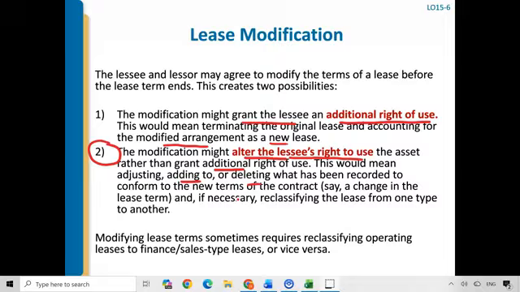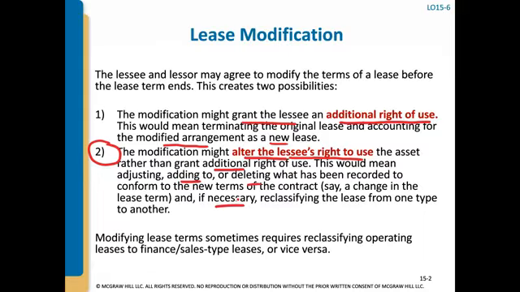A modification like this would be adding additional terms, like additional time to the lease or changing the payment of the lease. Now, when those things happen, you need to go through the 5 criteria to see what kind of lease that would mean with the new terms, to see if you need to reclassify it from a finance lease to an operating lease or vice versa.